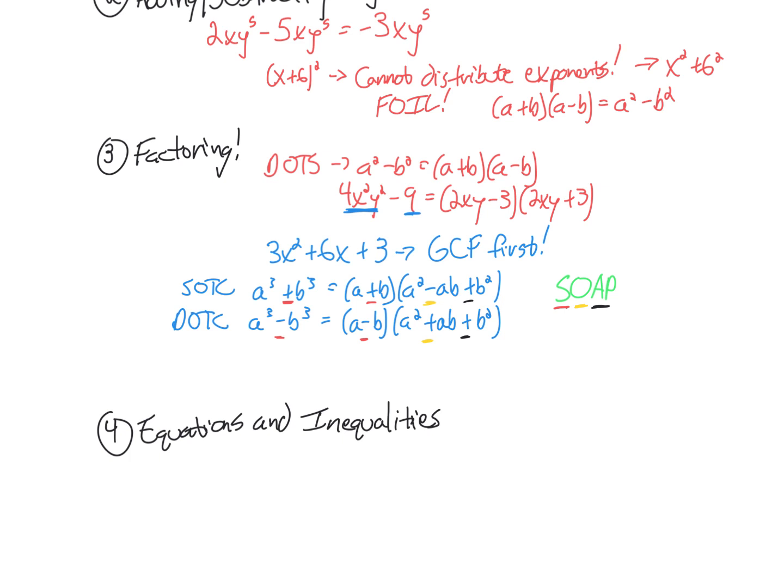We also had one more type of problem. That was where we had a regular trinomial, but with a coefficient other than 1 leading up to it.